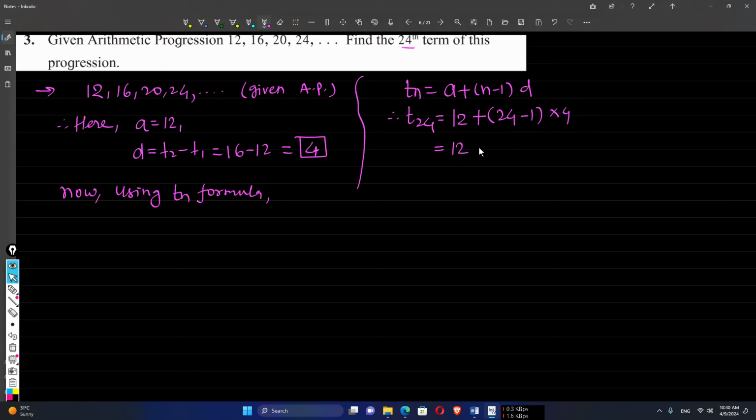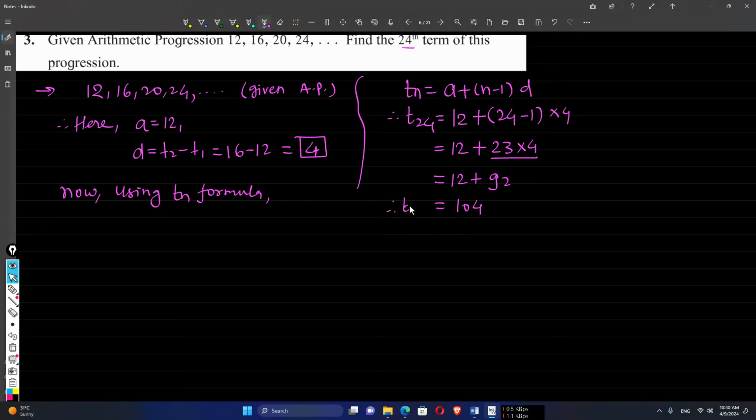Okay, so 12 plus 24 minus 1 is 23 times 4. 23 times 4 is 92. Therefore, 92 plus 12 is 104.